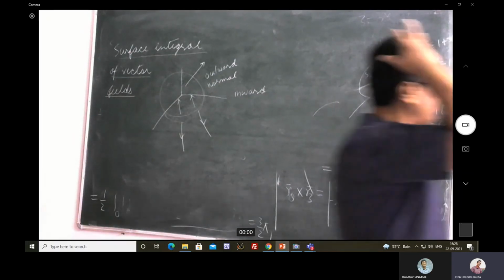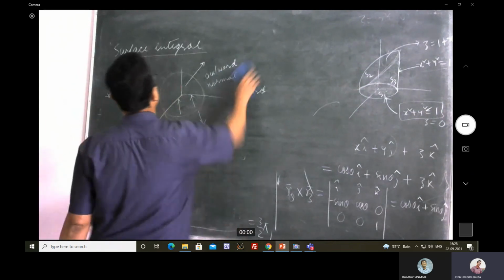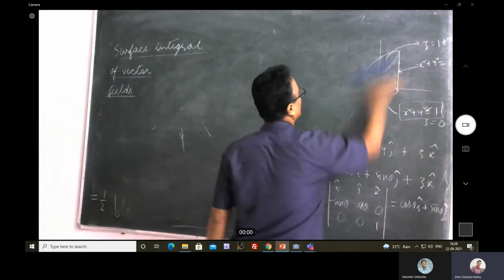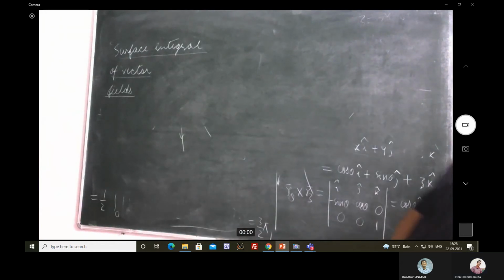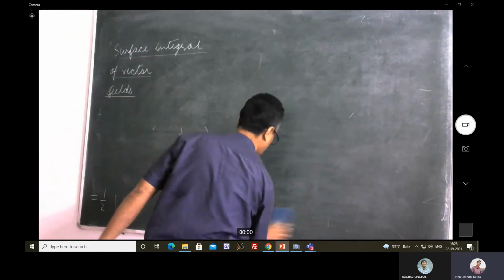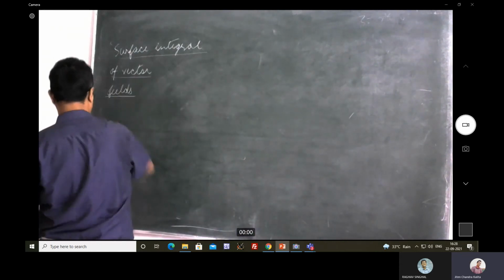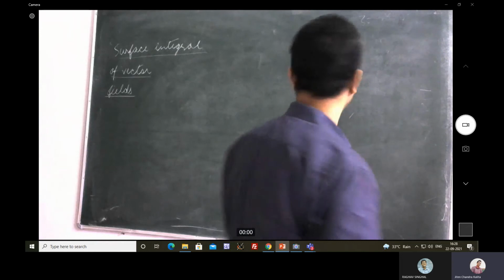Don't get afraid. It is going to be pretty straightforward. And only after that will I move to that concept. Maybe I'm going to start this in my next class: the surface integral of a vector field.